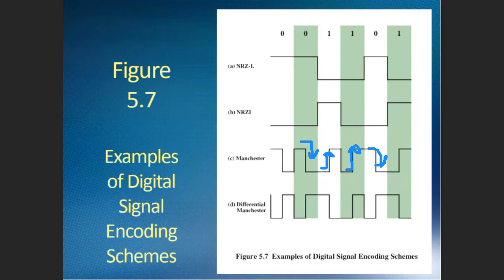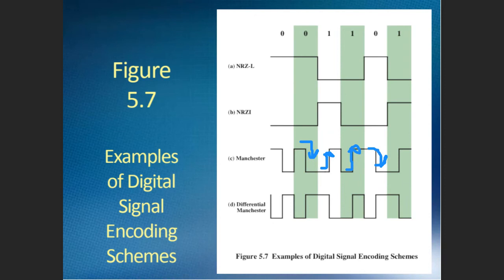Okay. The second one is called non-return to zero inverter. When it is 0, no change. See here, 0, low voltage. When it is 1, it will change its value. So from low to high. Again, I have 1, it will change its value.